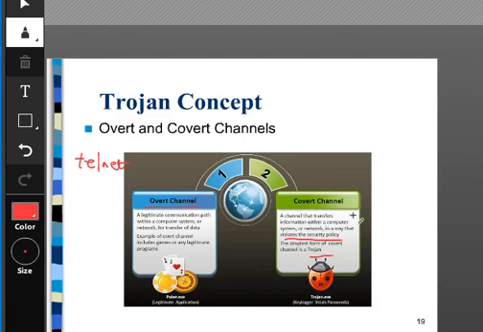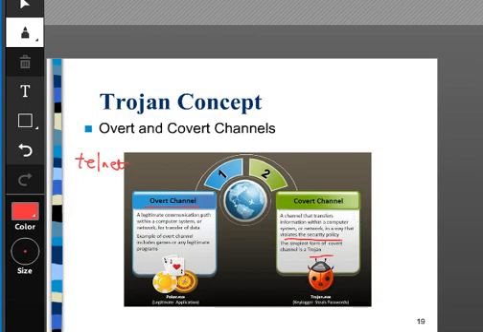But in the train wagon, sometimes there are some illegitimate, for example, materials. This is an example of a Trojan also. A Trojan tries to use covert channels to hide itself.